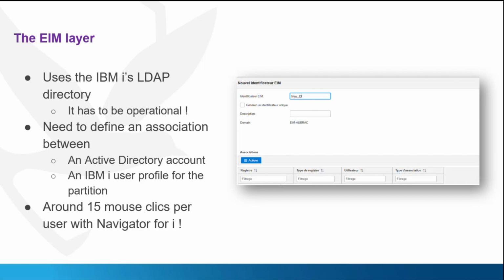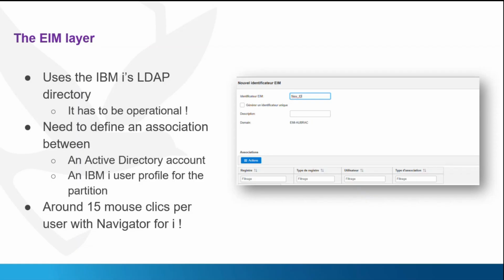What the EIM does is basically you give it an Active Directory server and an Active Directory account, and whenever this user tries to connect to the IBMI using single sign-on, he will be connected to the IBMI user profile equivalent that we mapped in the EIM. So it's kind of nice. You can connect really, really fast and really easily to your machines.